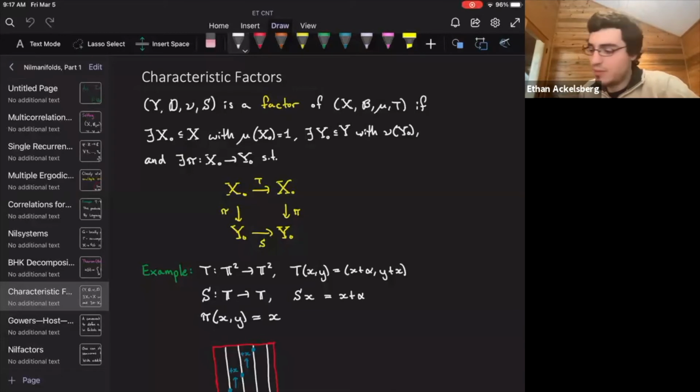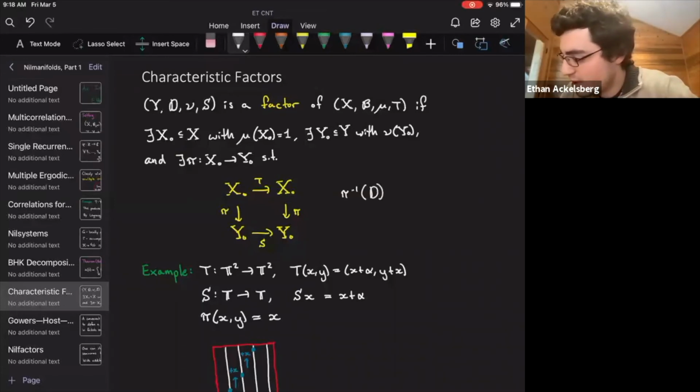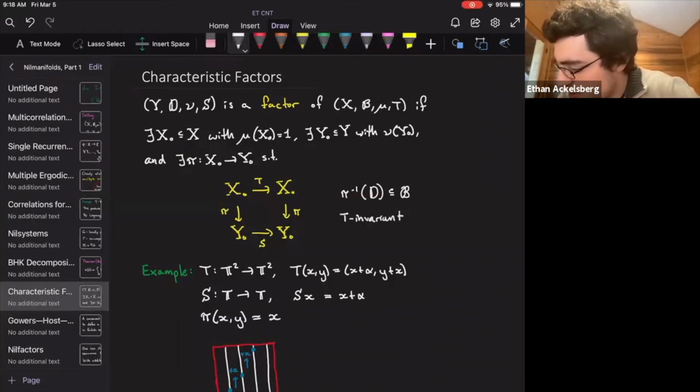And we can also then lift the sigma algebra from Y back into X. So I could look at the inverse image of the sigma algebra inside of the sigma algebra B, and this will be some T-invariant sub sigma algebra.